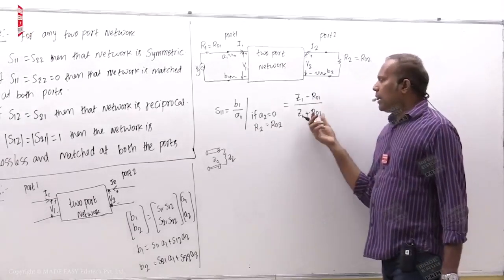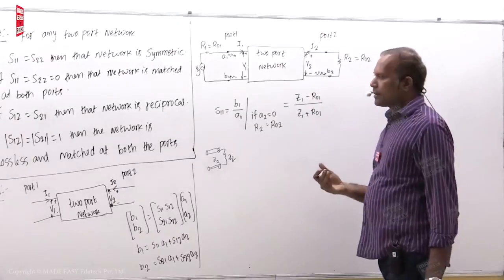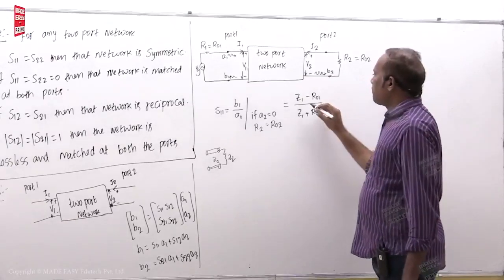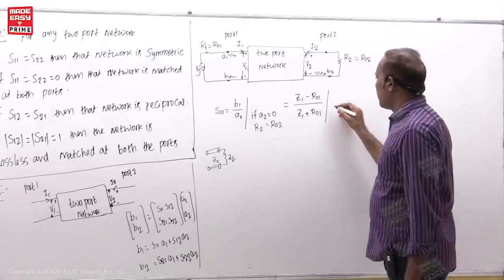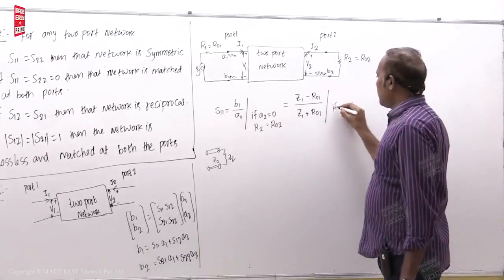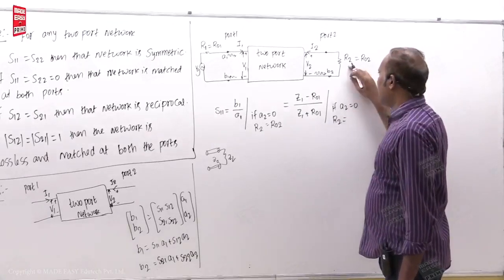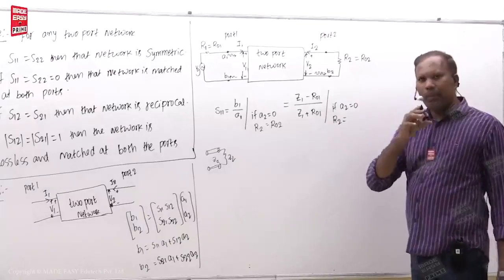So this is the formula. Using this, we do the derivations and we get the S parameters. You have to remember this one. So here Z1 minus R01, Z1 plus R01, if A2 is 0, that means terminating impedance. Students, terminating impedance at port 2 means load impedance at port 2.